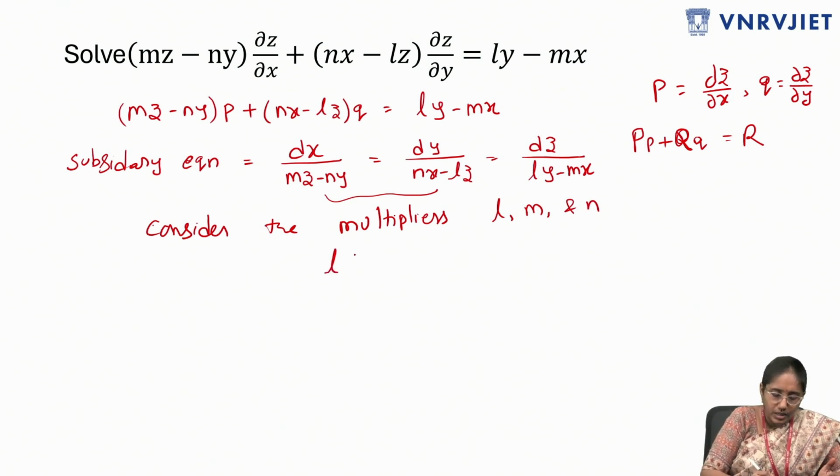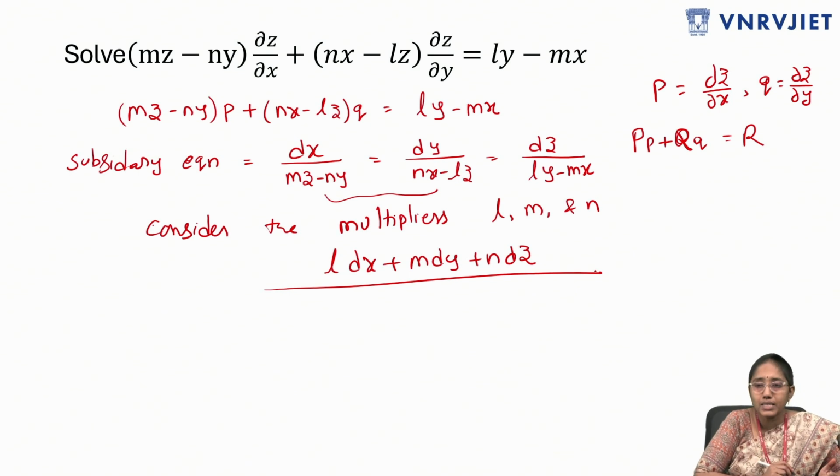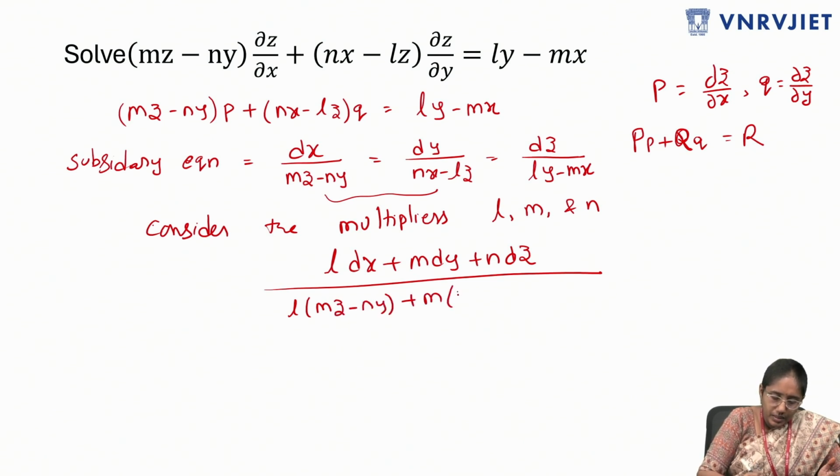Just take l dx + m dy + n dz, multiplying the same multipliers to the denominators also: l(mz − ny) + m(nx − lz) + n(ly − mx).